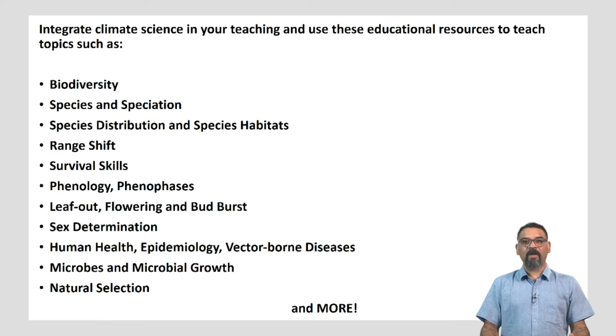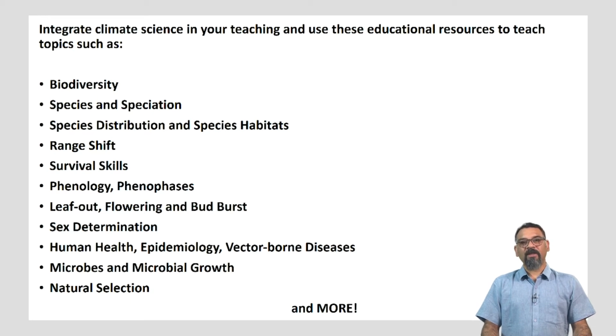As you can notice by looking at this particular list, a lot of these topics are things that are already in your syllabus. What we would request you to do is to use the lesson plans that we will provide to teach these topics.